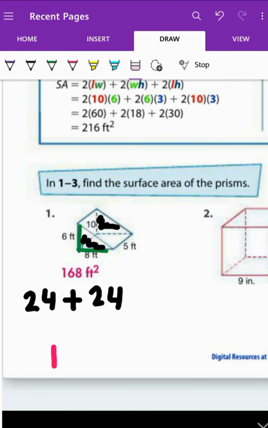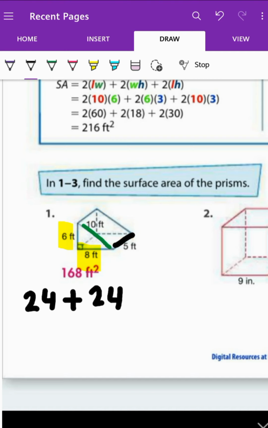We are done. Now the missing side, the hypotenuse here, is given. It is 10. So no need to bring it. It exists already. So I have the lengths of the three sides of this triangle: 10, 8, and 6. We multiply them by the height of the triangular prism, which is 5.